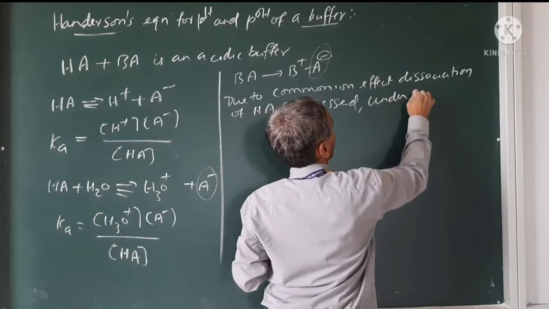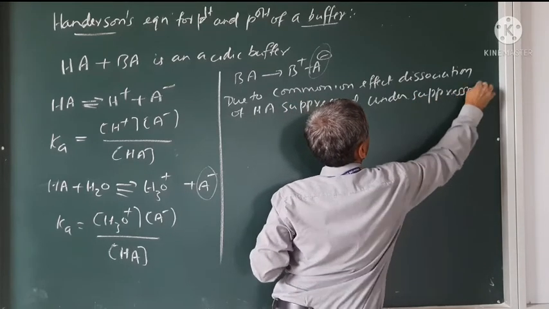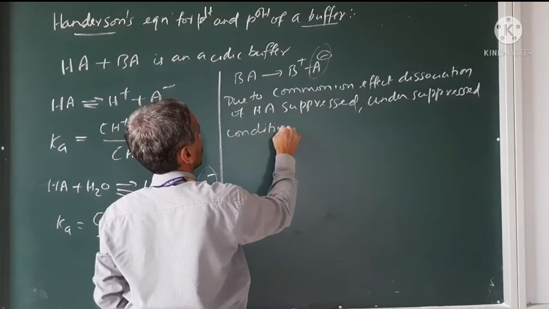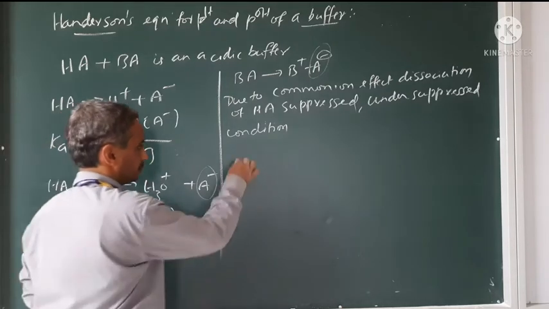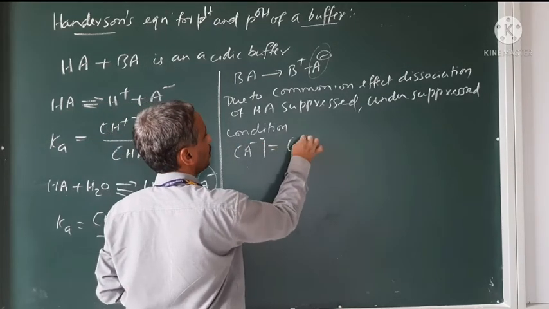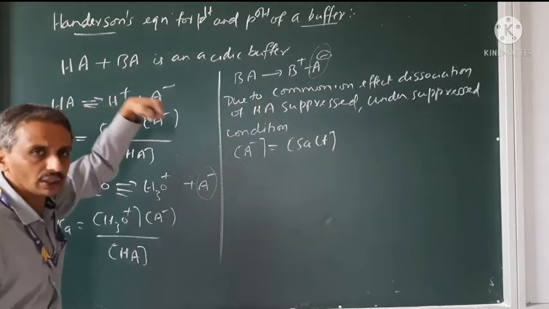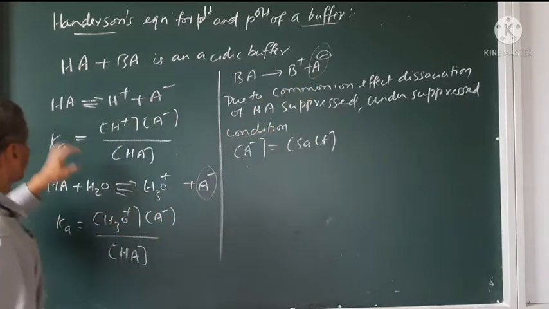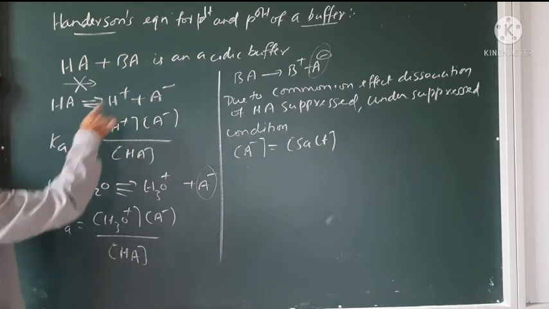Under the suppressed condition, whatever A minus concentration is in the solution will be from the salt only, not due to the HA, because it is suppressed.